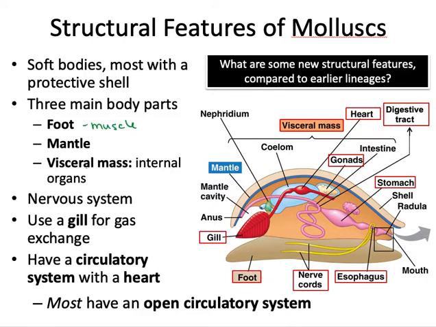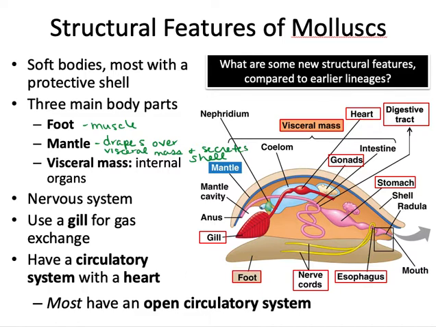The mantle is a tissue layer that drapes over the visceral mass, and it secretes the shell. And then the visceral mass contains the internal organs.